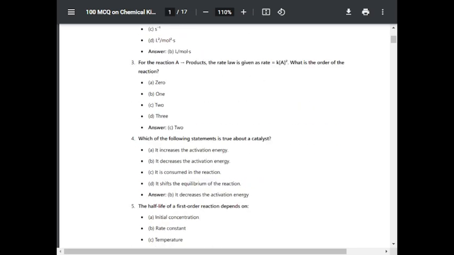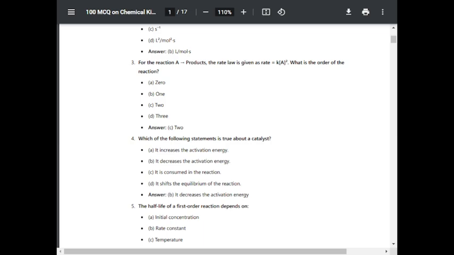Question number 3. For a reaction A gives product, the rate law is given as rate is equal to k[A] square. What is the order of the reaction?